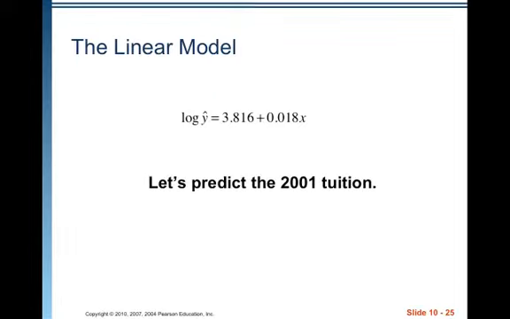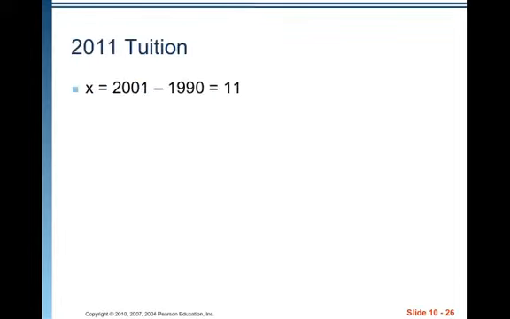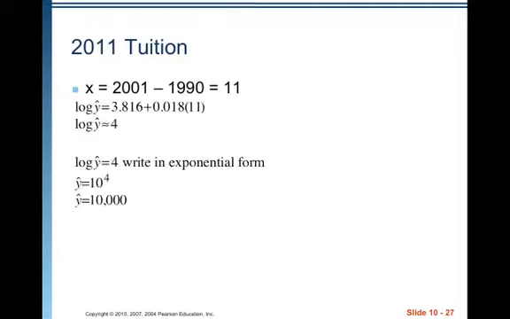Let's predict the 2001 tuition. First thing we need to do is figure out what x is. 2001 minus 1990 is 11. So we plug that into our equation, and we get that the common log of y hat is approximately 4. Take that common log of y hat equals 4 and write it in exponential form.